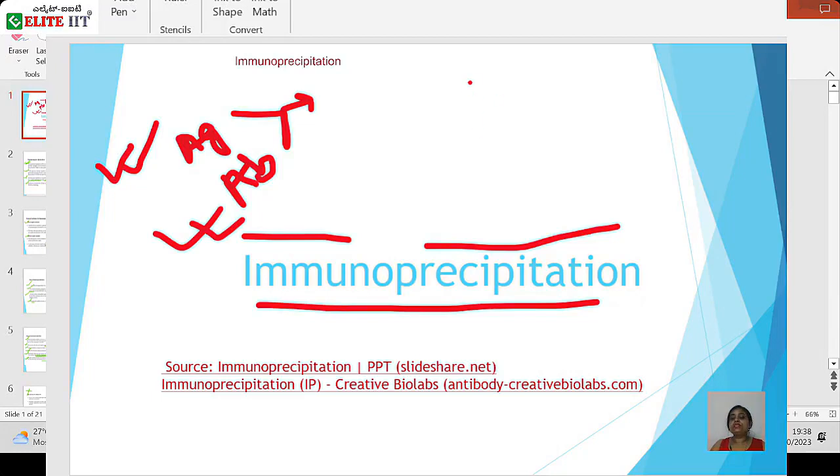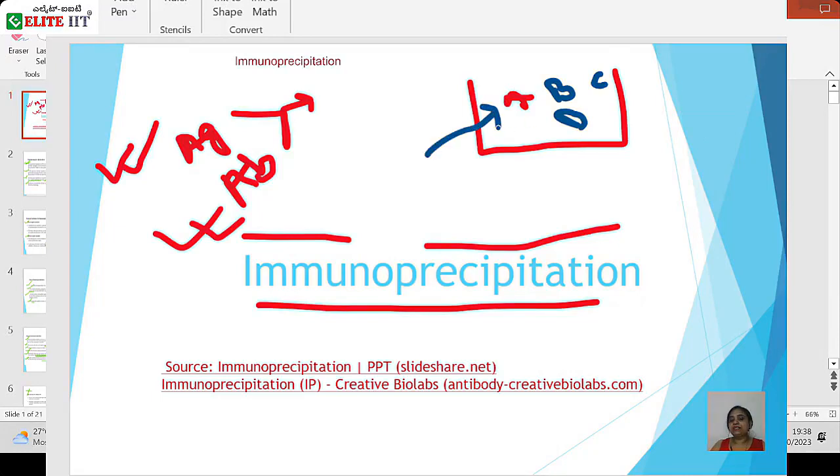In the immunoprecipitation technique, we generally identify an antigen molecule in a mixture. In a mixture, a lot of antigen molecules may be present, like A, B, C, D. If you want to identify only one antigen, how to identify it?